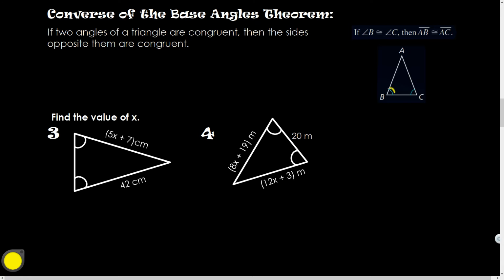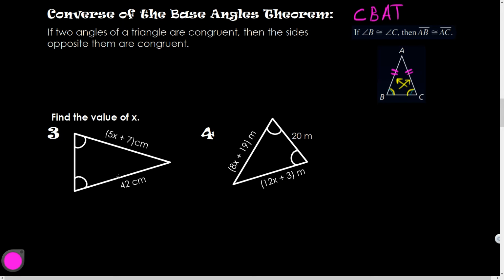So notice here I'm starting with my angles, and I'm going opposite those angles to conclude that these legs are congruent. That's the converse of the base angles theorem. We're going to call that, you know what? The CBAT. Yeah, CBAT.